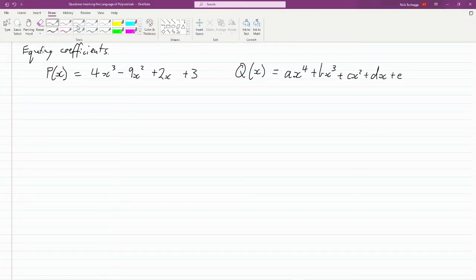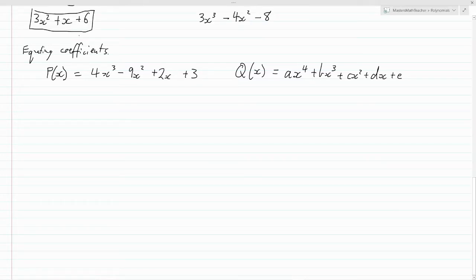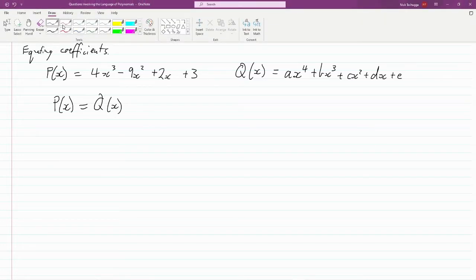So what we have to do here, we're equating the coefficients. If I said p of x equals q of x, if I said that they were the same thing, so we equate the coefficients.